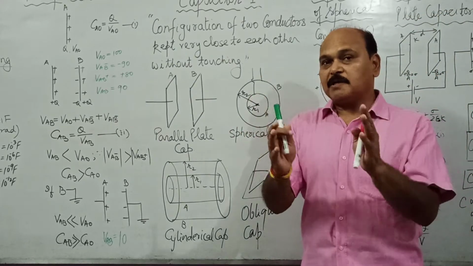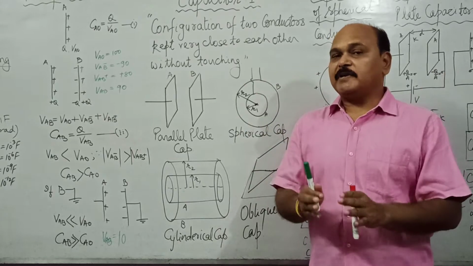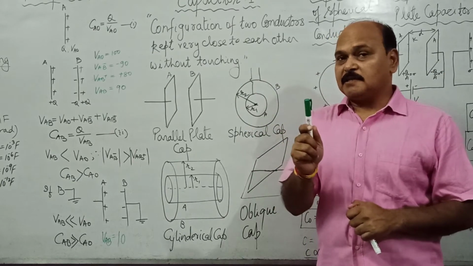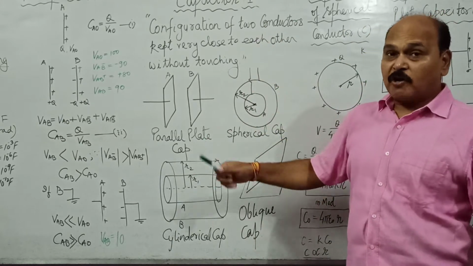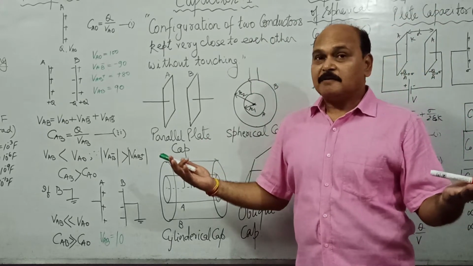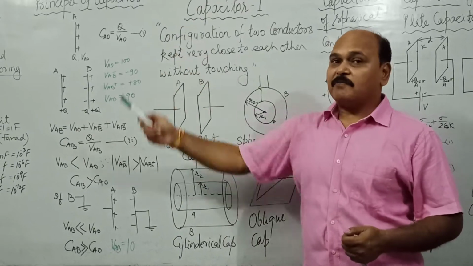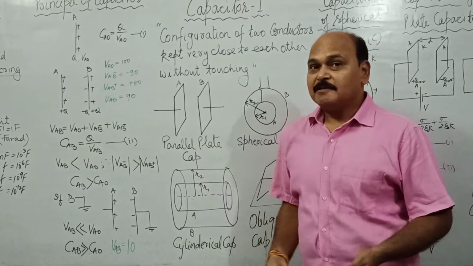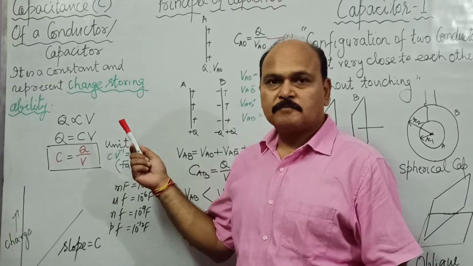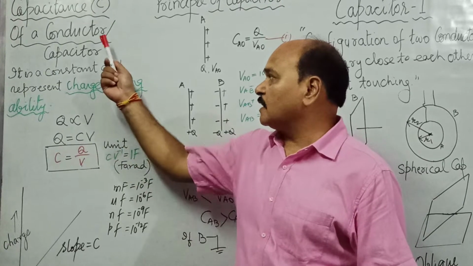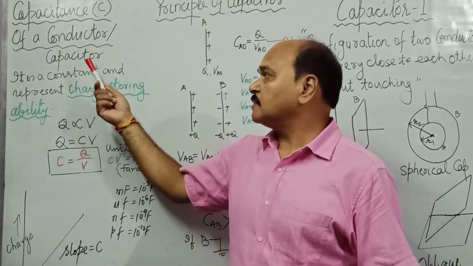So two similar or dissimilar conductors kept very close to each other without touching each other form a device called a capacitor. Well, why do we make a capacitor? For that we will study the principle of a capacitor, but before that we have to know what is the capacitance of a conductor or capacitor.